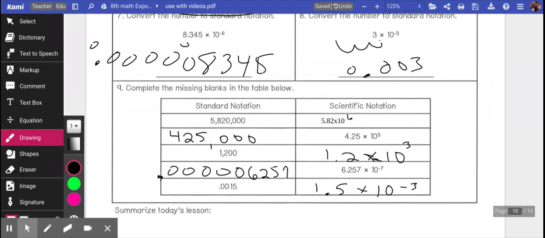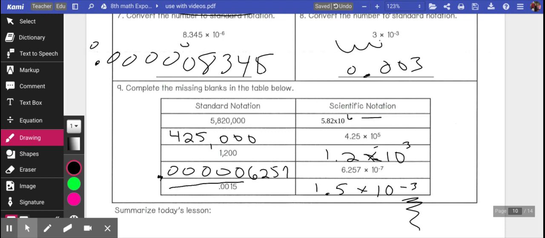Okay, go ahead and pause it if you need to check your answers. That's a 6, and this is a times sign. Make sure you have the negative sign on that. And then this should have 5 zeros, because wait a minute here, 1, 2, 3. That's not right.